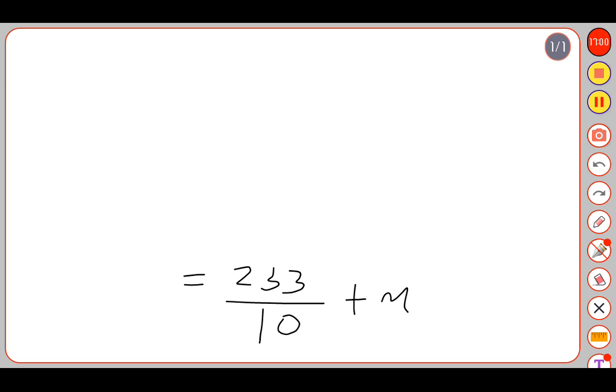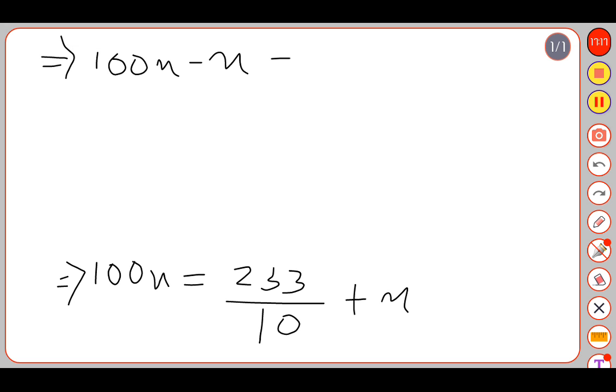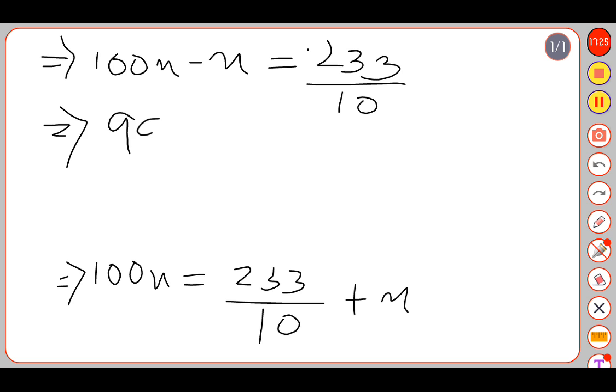So now we will solve this equation. So here 100x equals 233 by 10 plus x. So we will bring this x here and it will become 100x minus x equals 233 by 10. Now it will become 99x equals 233 by 10.